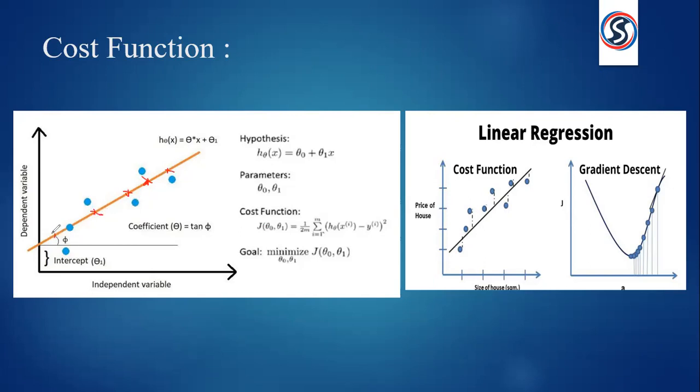This theta value is my coefficient, and this is the intercept I have. This is the slope, the point where my x-axis and my y-axis intersect. If I make an angle here, this is my slope.